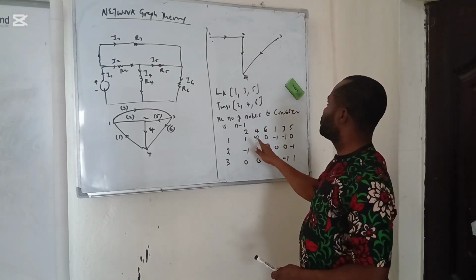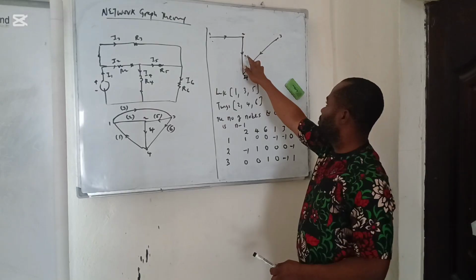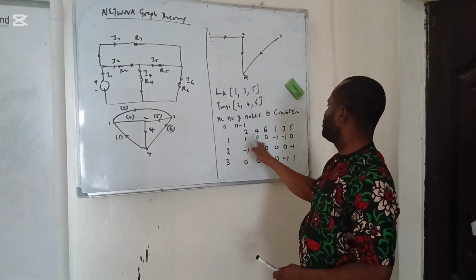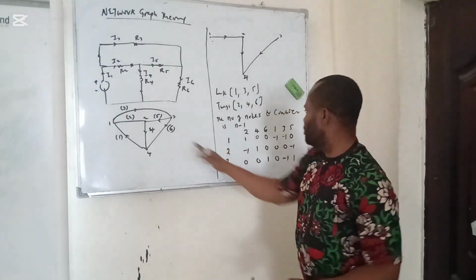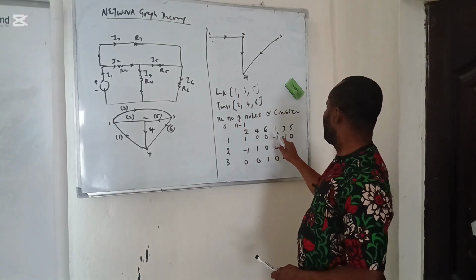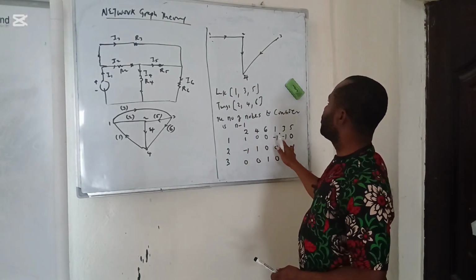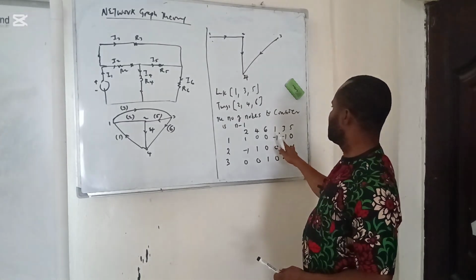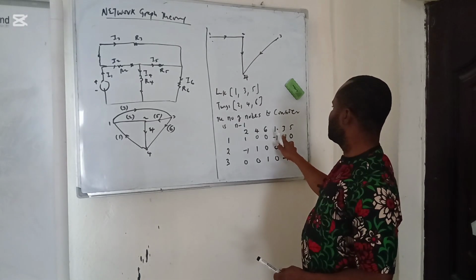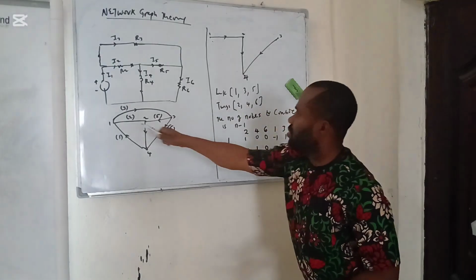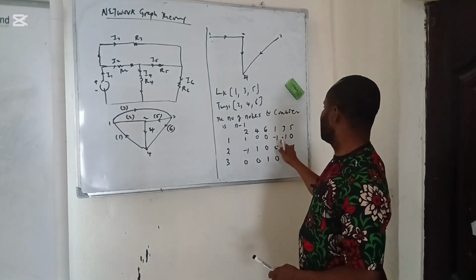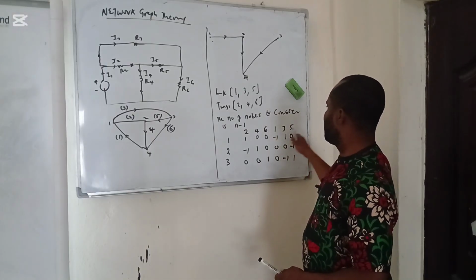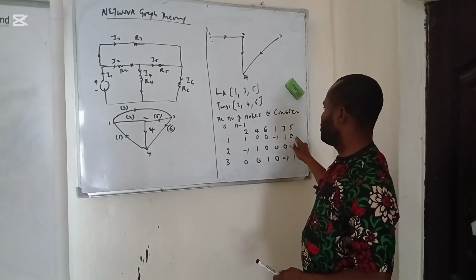We have 1 to 4, no relationship. 1 to 6, no relationship. 1 to 1 is moving towards it, and 1 to 3 is moving away from it, so it's 1. And 1 to 5, no relationship, it is 0.